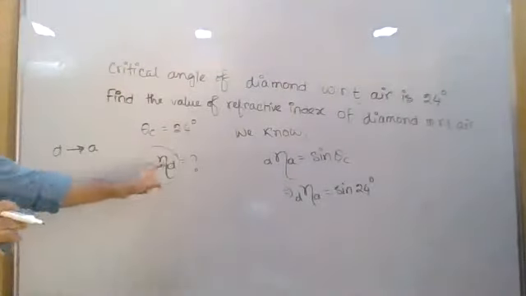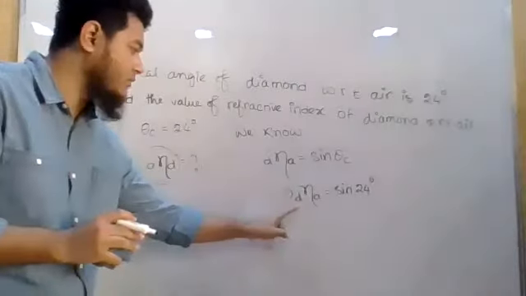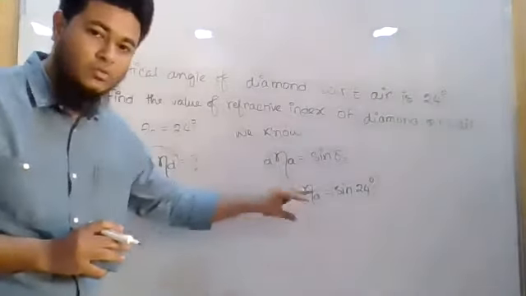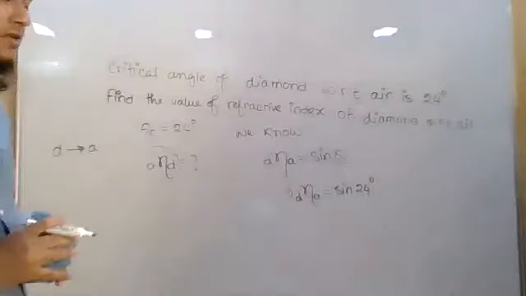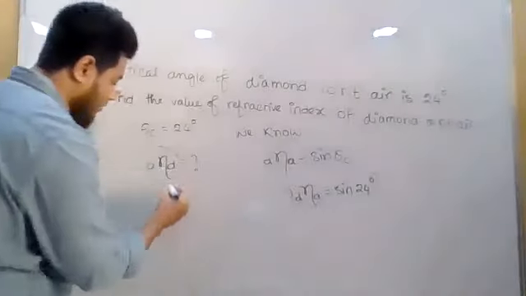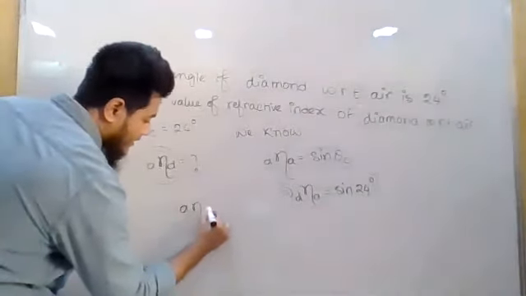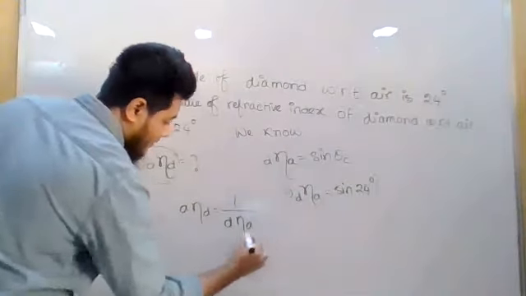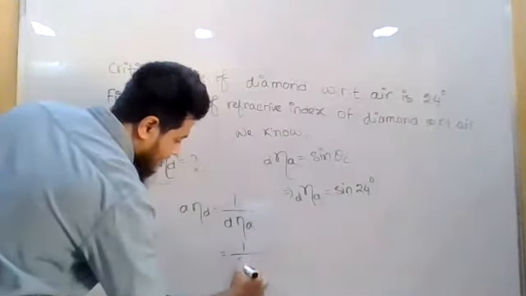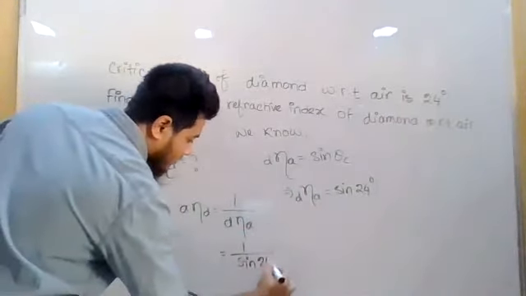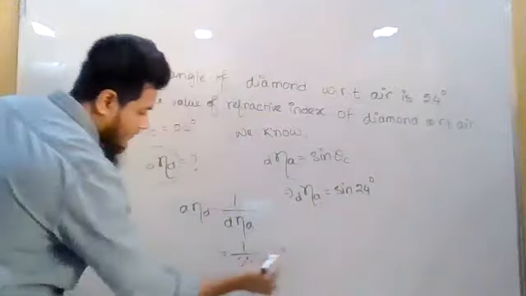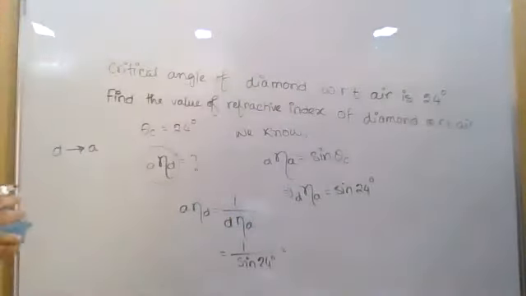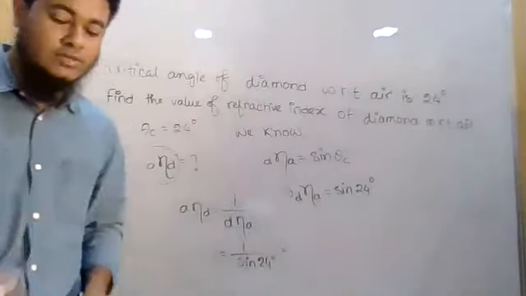We need A eta D, but here we got the value of D eta A. So we need to make a reciprocal of it, right? So in order to find A eta D, we have to take the reciprocal of D eta A. So D eta A is sine 24 degrees. So now find the value of 1 divided by sine 24 degrees, then tell me the answer.